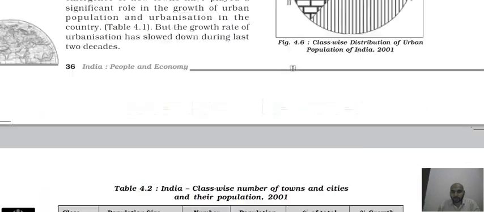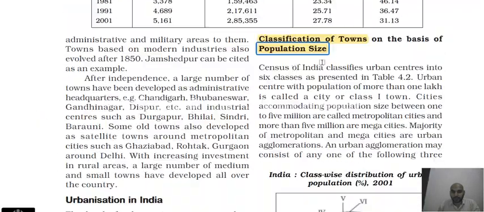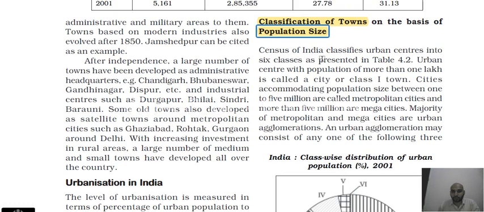What are the functions, how that town functions, what is the importance of that town, all that comes under the functions. So classification of town is on the basis of population size, how much the population is there, and the function of that town, or its old importance, cultural, religious or any importance, also plays an important role in that town.